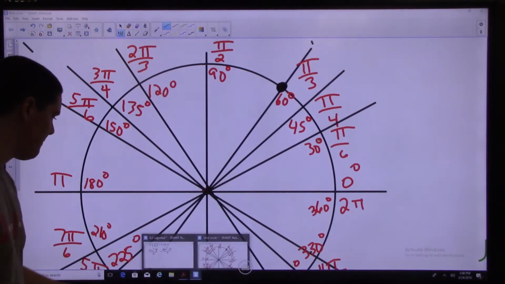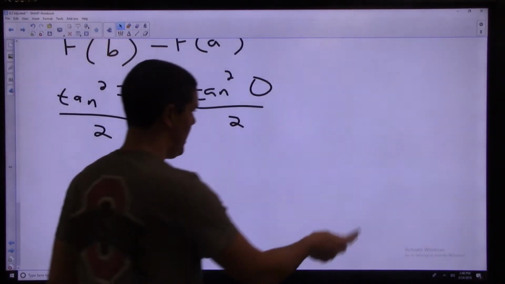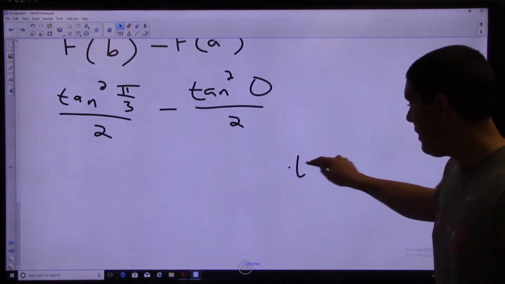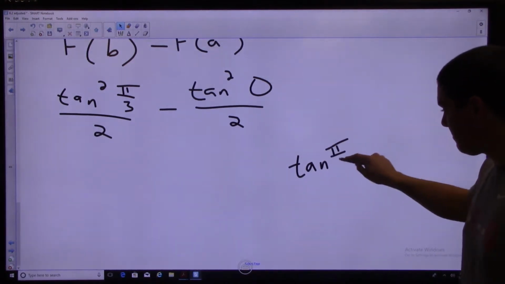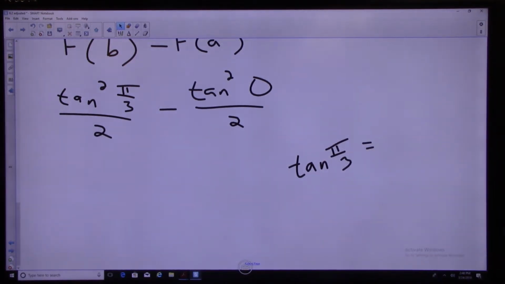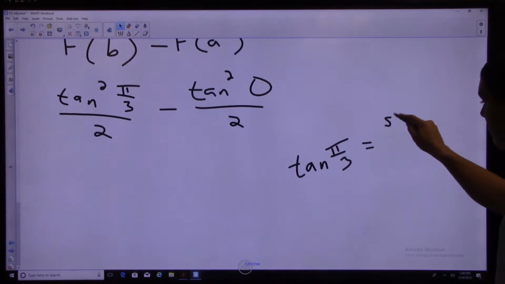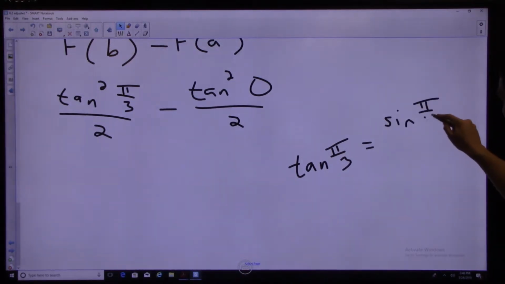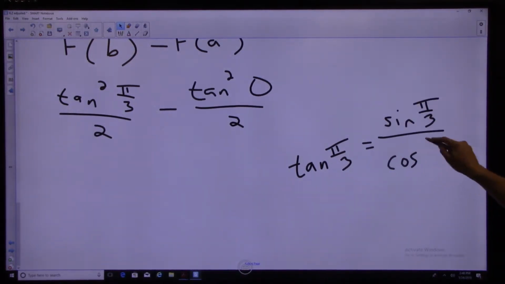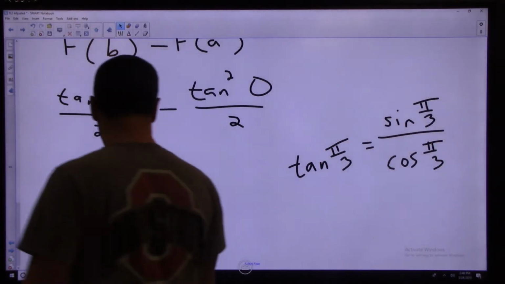Well, let's go back to it. Just off to the side here, essentially what I'm trying to do is figure out what the tangent of pi over 3 is. Well, guys, tangent is always sine over cosine, so let's write that down. So what is the sine of pi over 3? Well, sine deals with y values.